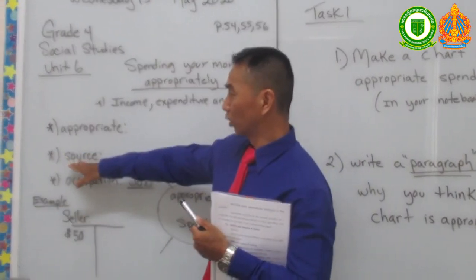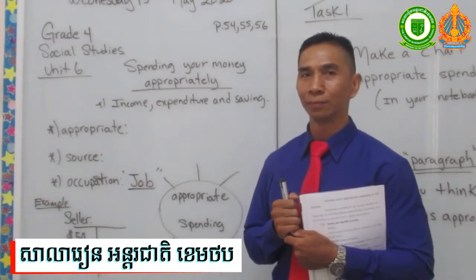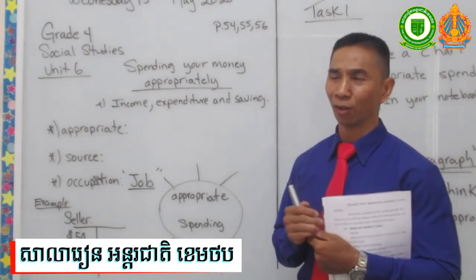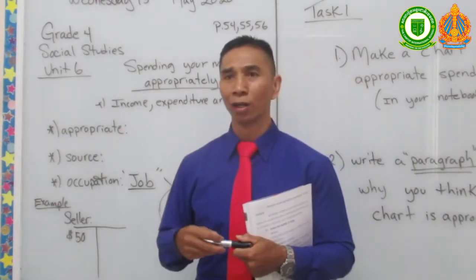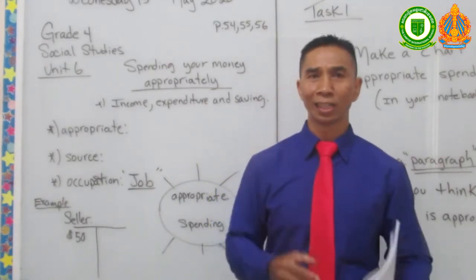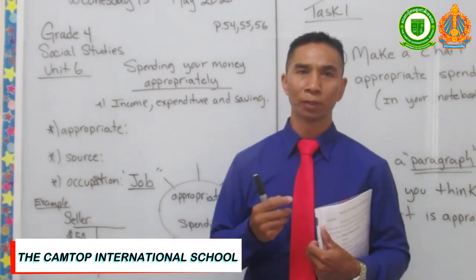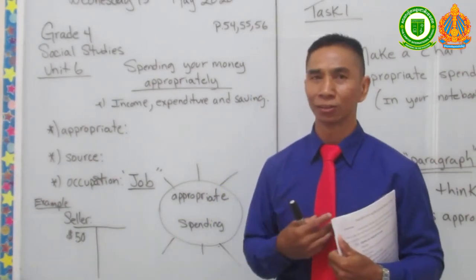And our next word, source. What does source mean? I'll give you a chance to think about it. Okay, an example. If you have a bottle of drinking water, where do you think the source of the water came from? Try to figure out the meaning from my sentence.